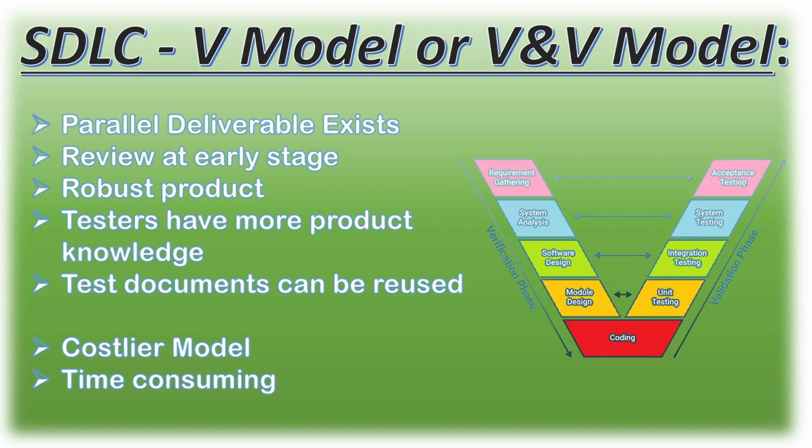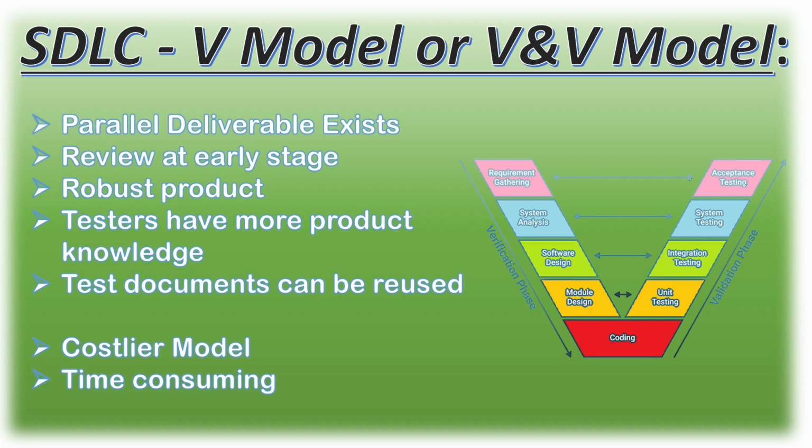But there are some drawbacks: it is a costlier model and time consuming. Why is it time consuming? If the customer asks for changes, a lot of rework will be done.